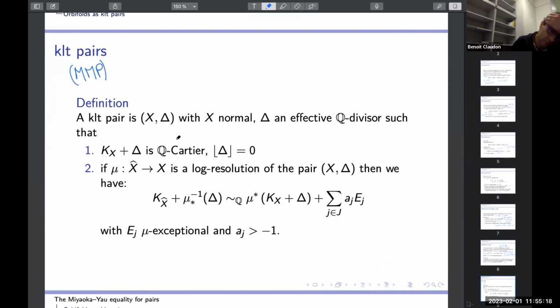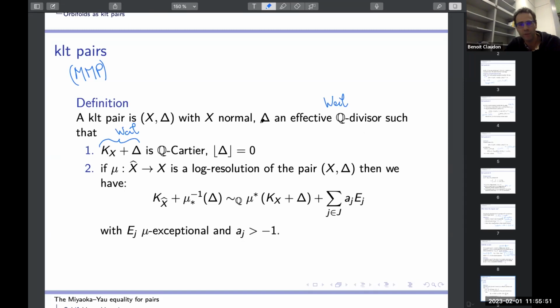A pair is called Kawamata log terminal if X is normal and delta is an effective Weil Q-divisor, and we assume that K_X plus delta is actually Q-Cartier, meaning that a multiple m(K_X + delta) is a Cartier divisor, a line bundle.